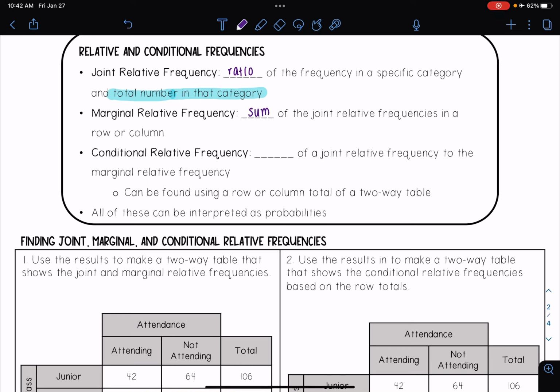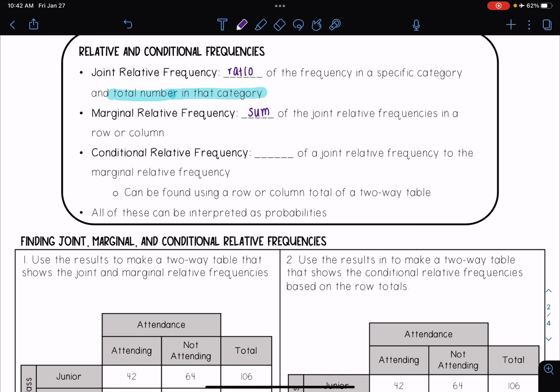And then we have conditional relative frequency, and that is the ratio of a joint relative frequency to the marginal relative frequency. And this can be found using a row or column total of a two-way table. And all of these can be interpreted as probabilities.